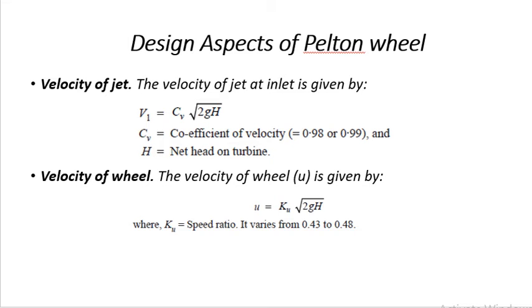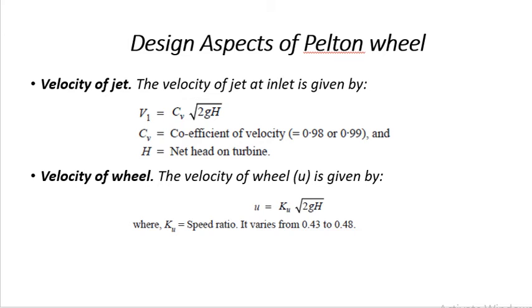The absolute velocity of the jet of the turbine is given by the formula capital V1 equal to Cv under root 2gH. Cv is the coefficient of velocity, and the value of this Cv we can take as 0.98 or 0.99.